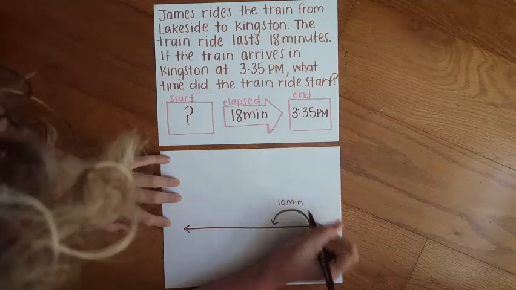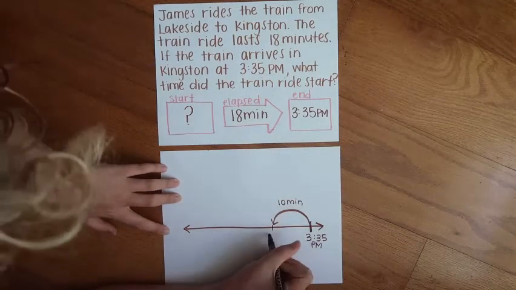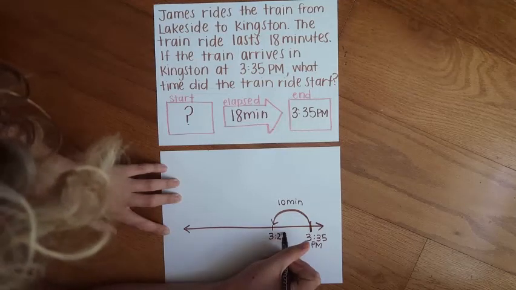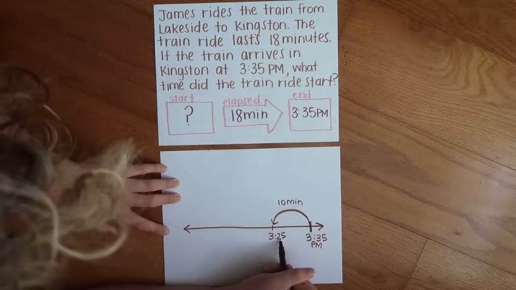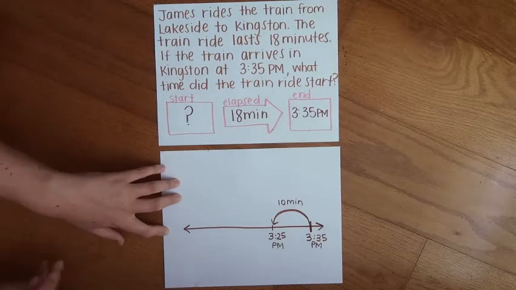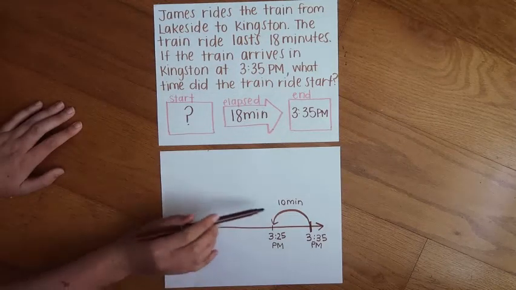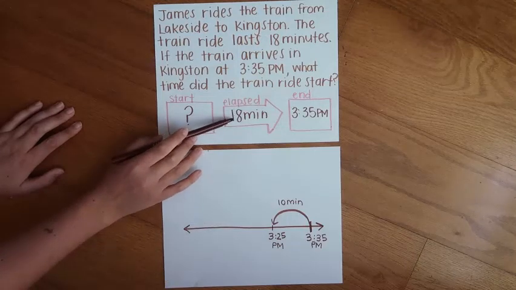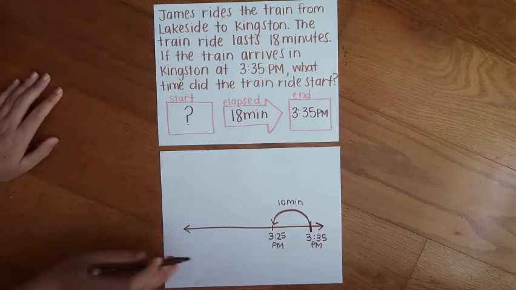10 minutes. And if I go 10 minutes back from 3:35, I'd be at 3:25. Because I had 35 minutes and then I go back 10 minutes and that's 25. 3:25 p.m. Okay. Then I need to keep going because I have not quite made it all the way back my full 18 minutes. Again, 8 minutes is all I have to go back from here, but I still would like to break that up even farther.